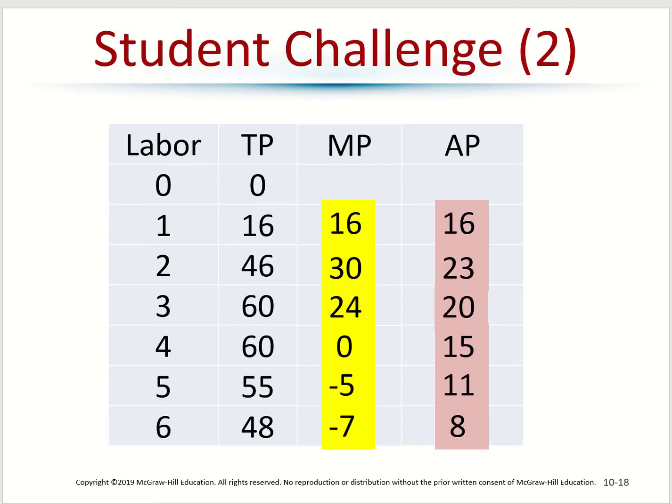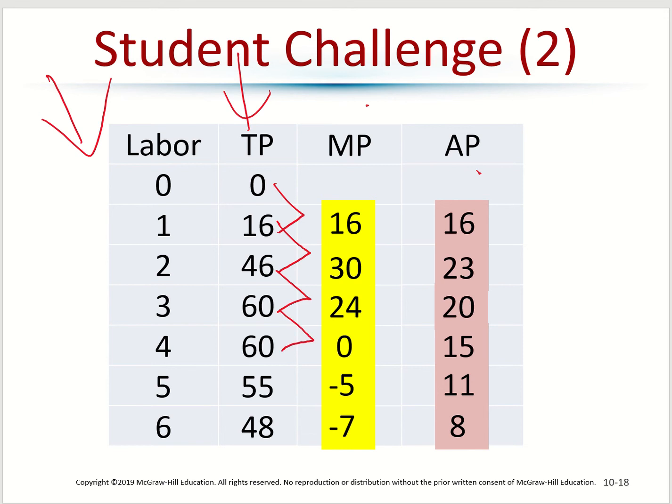Okay. So let's suppose you have something like this on your test or on the homework. You need to fill in the blank. So I might give you the labor and the total production. You need to figure out what the marginal production and the average production are. For marginal production, it's just the change at every level.